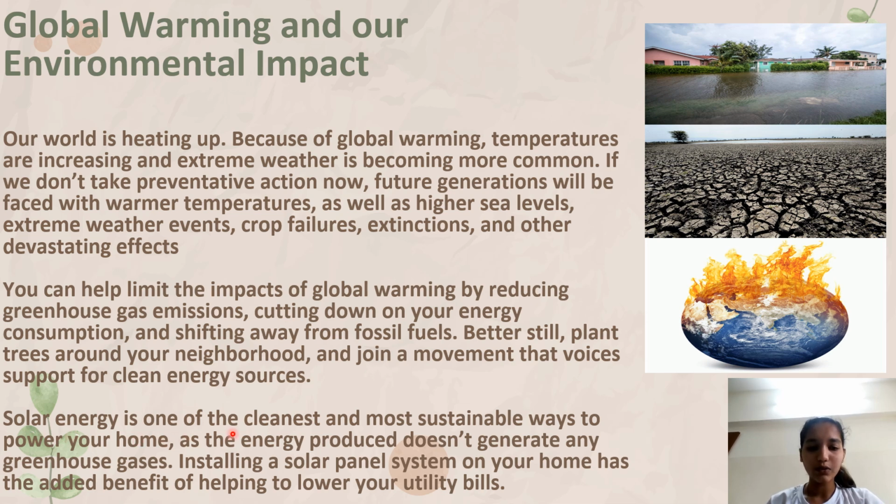Solar energy is one of the cleanest and most sustainable ways to power your home. As the energy produced does not generate any greenhouse gases, installing a solar panel system on your home has the added benefit of helping to lower your utility bills.